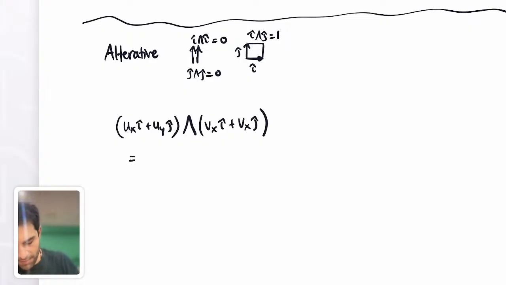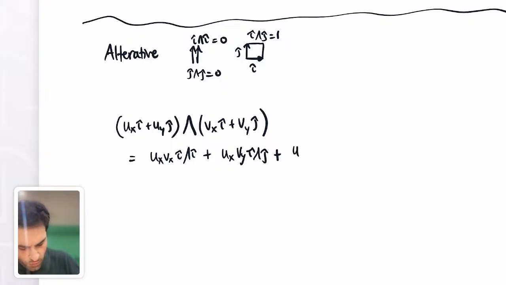And then if I expanded out these brackets, I'm going to say ux vx i wedge i, plus ux, sorry, this is vy, my bad, vy i wedge j, plus uy vx j wedge i, and then plus uy vy j wedge j.